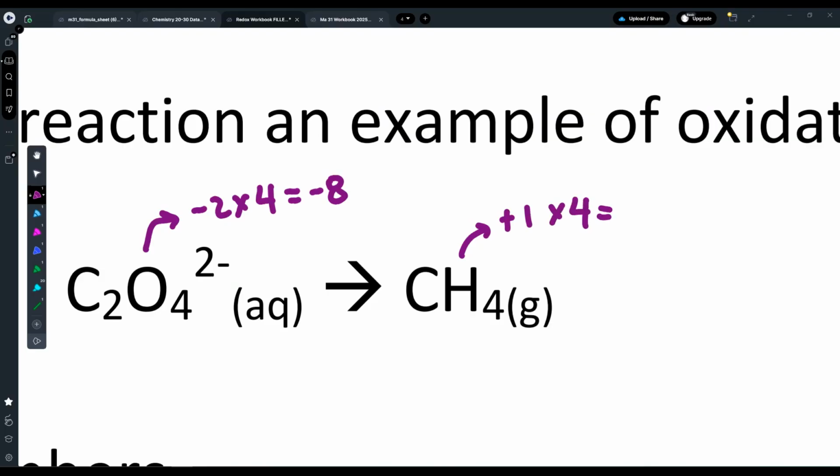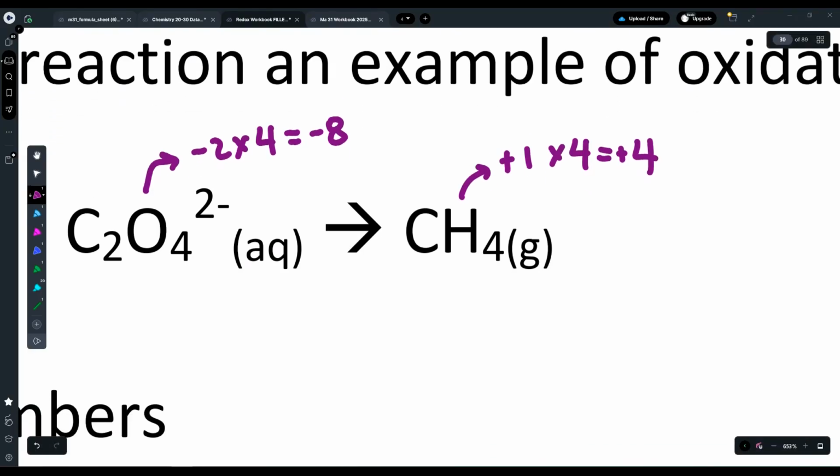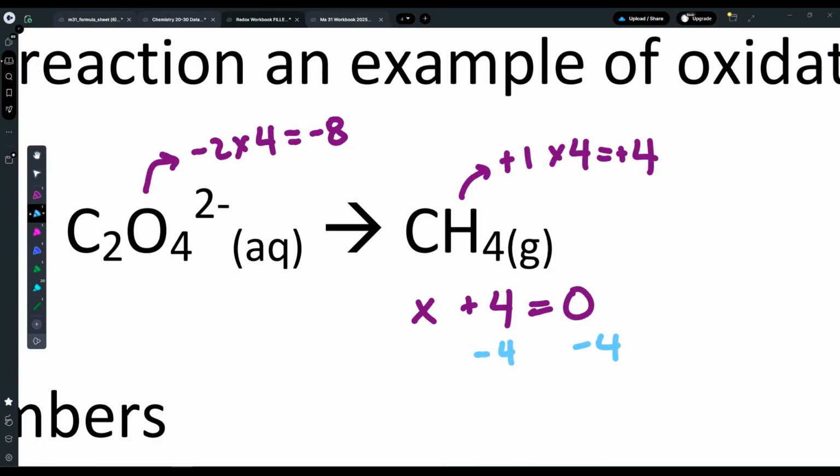There's 4 of them in total, so that means +4. Okay, so if we figure out the oxidation state for carbon here, there's an X representing carbon, +4 from the hydrogens, and then set it to equal the charge of the compound. Since this compound is neutral, it's going to be equal to 0. Subtract the 4 over, and X is equal to -4.